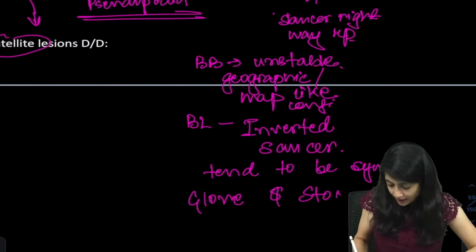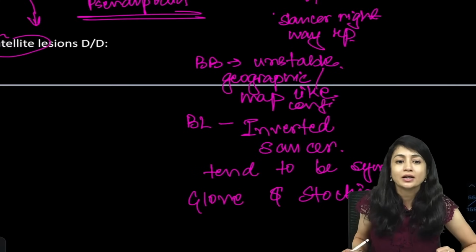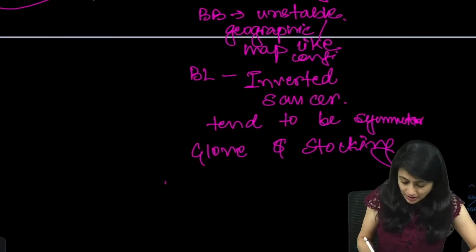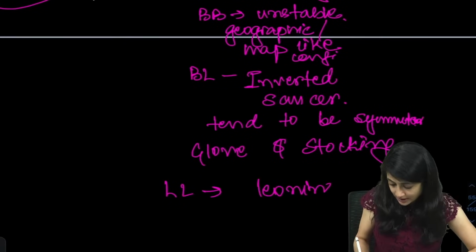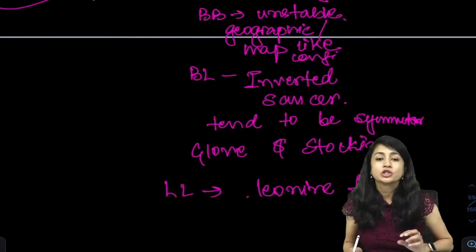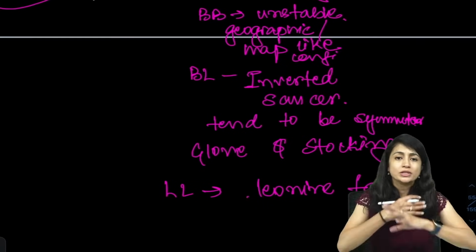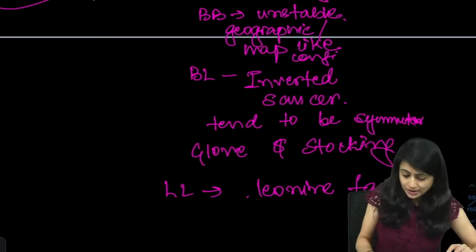Here my involvement is now extending to peripheral nerves, so I start getting glove and stocking anesthesia. LL Hansen will present with leonine facies. There will be extensive infiltration, and you will see leonine facies, symmetrical lesions all over, and glove and stocking anesthesia.